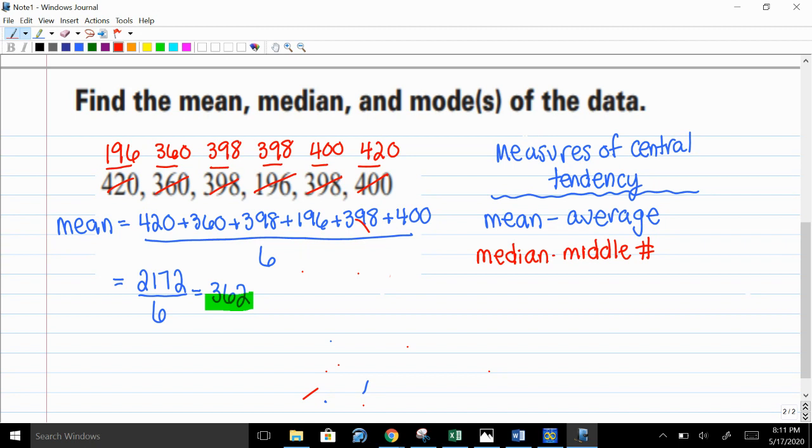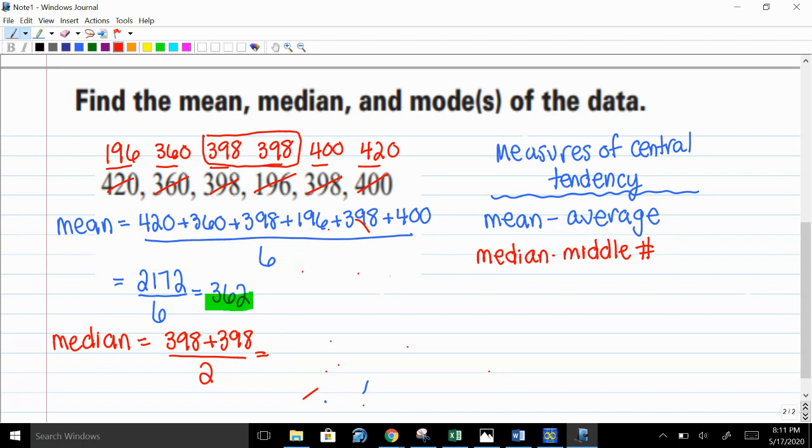When there's an even number, you take the 2 in the middle, which in this case are 398 and 398. So our median here would be 398 plus another 398, divided by 2.